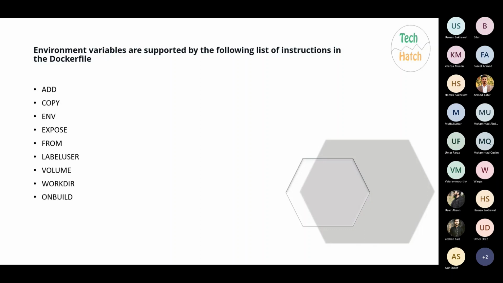These are some instructions that use environment variables: add, copy, env, expose, from, label, user, volume, workdir, and onbuild. These are all instructions that are supported, or that can use environment variables easily.